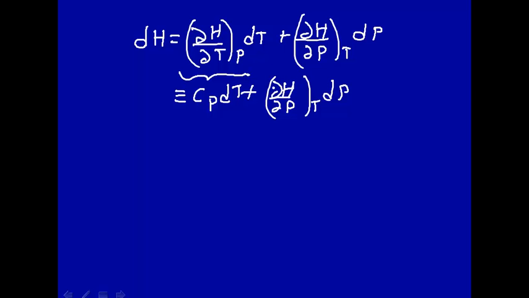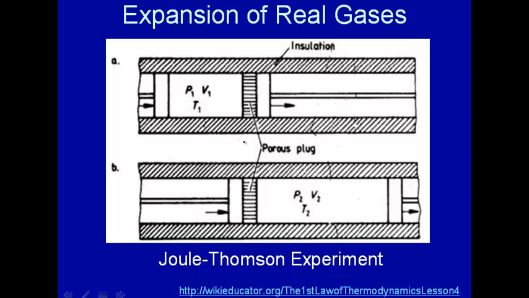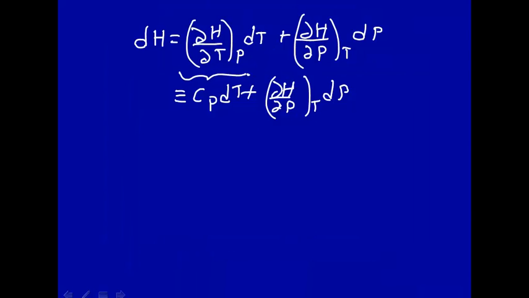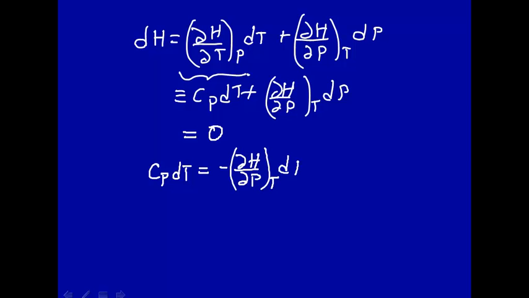We said that this particular process, we're going to focus on, is an isenthalpic process, so that means that dH is equal to 0. Or in other words, Cp dT is equal to minus how H changes with pressure at constant temperature times dP.